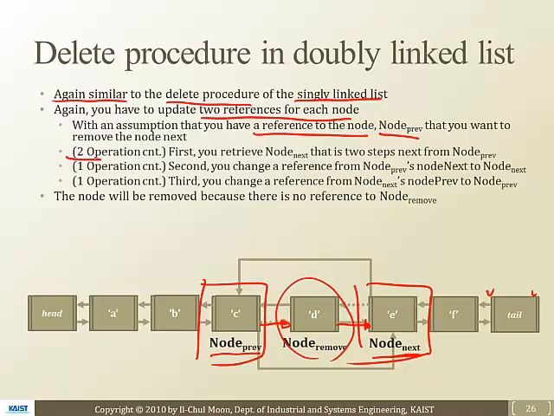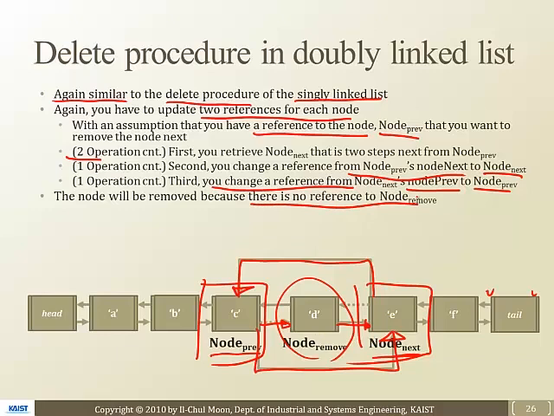Then you change the reference from node prev's next to the node next. So you create this reference. And third, you change the reference from node next's prev to the node prev. You update this reference, right? And then node remove will be removed because there is no reference pointing at node remove.